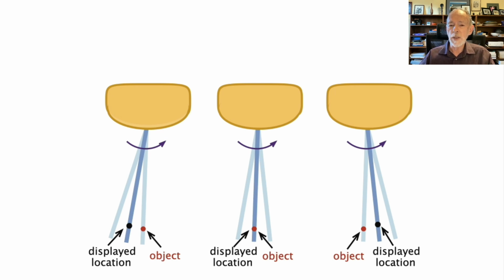In the middle of this diagram, you can see we've reached the point now where the main beam is looking at that object, it sees it and displays it in the correct location. And then on the right-hand side, the beam has scanned further so that now the other side lobe is seeing that same object. So that object has been imaged by the first side lobe and then the main beam and now the other side lobe.